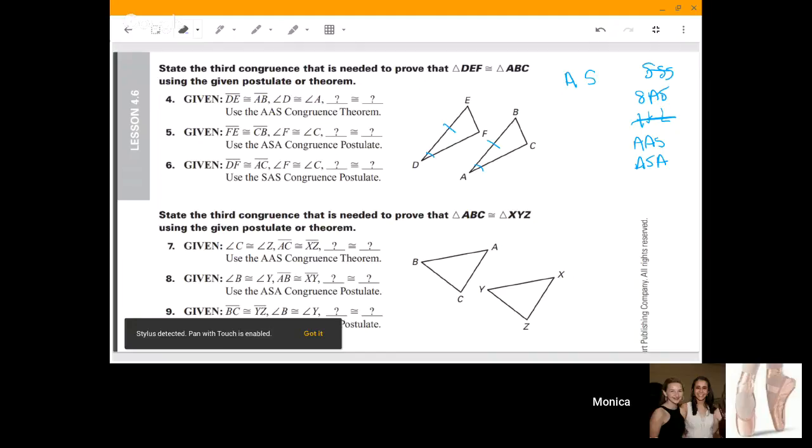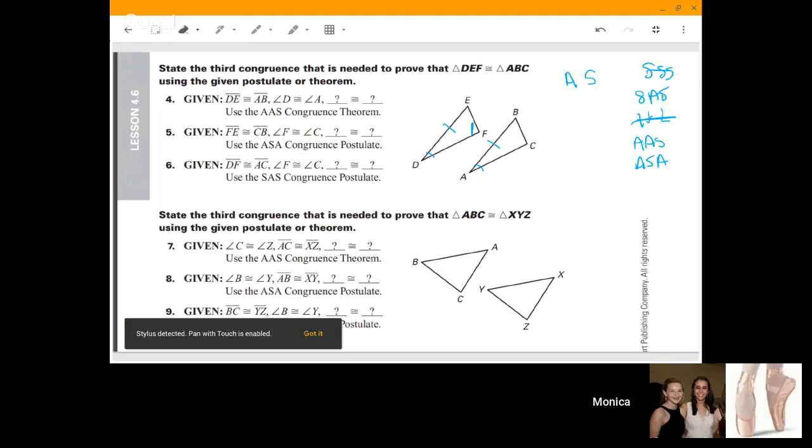Now, angle, angle, side is two angles and the side not included. So it would have to be this angle that you would prove congruent to prove it with angle, angle, side, okay?